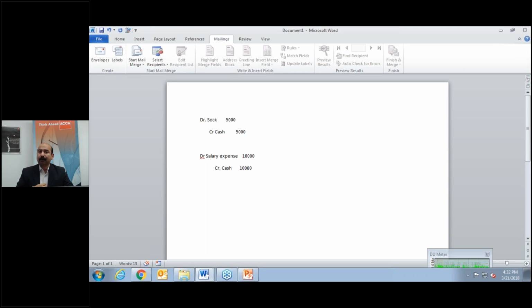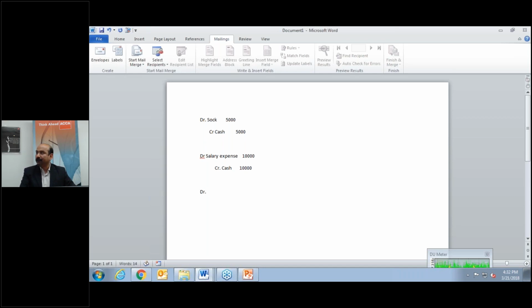But if you are promising them that, okay, we will issue you this much number of shares, so issuance of shares is neither cash nor bank. This is equity. So this means your equity will be credited. Equity reserve will be credited. So this is the simple entry for equity settled share based payment.